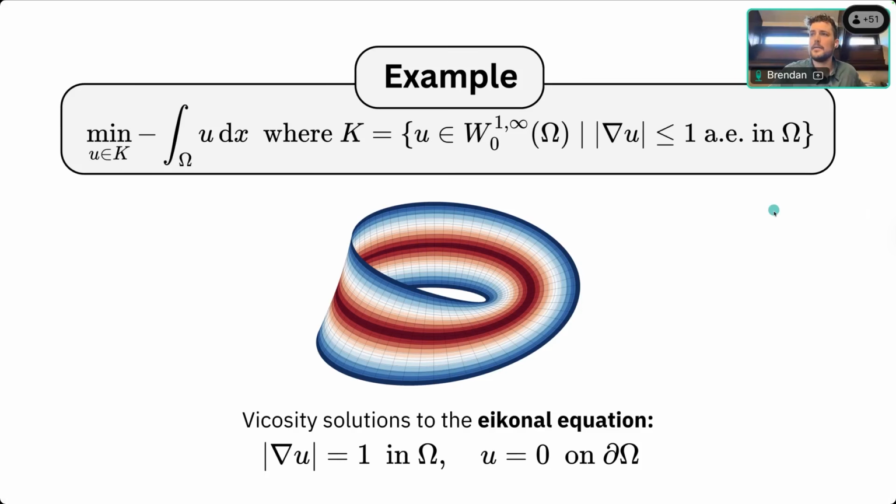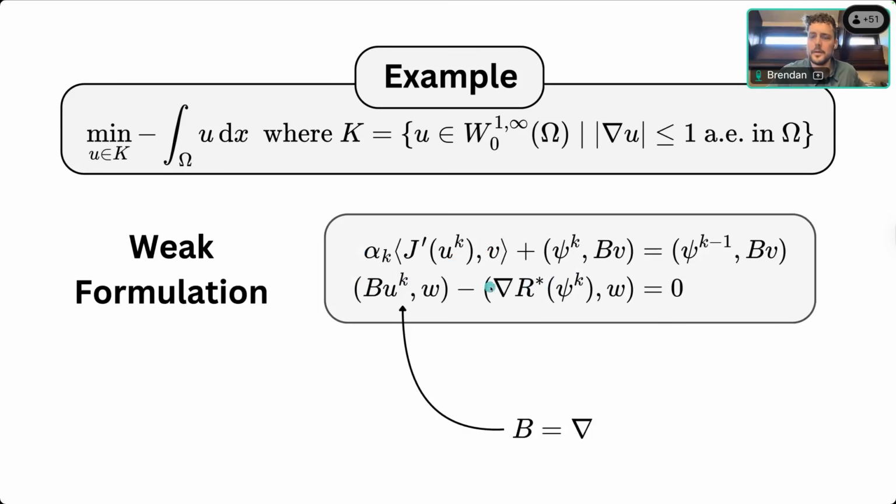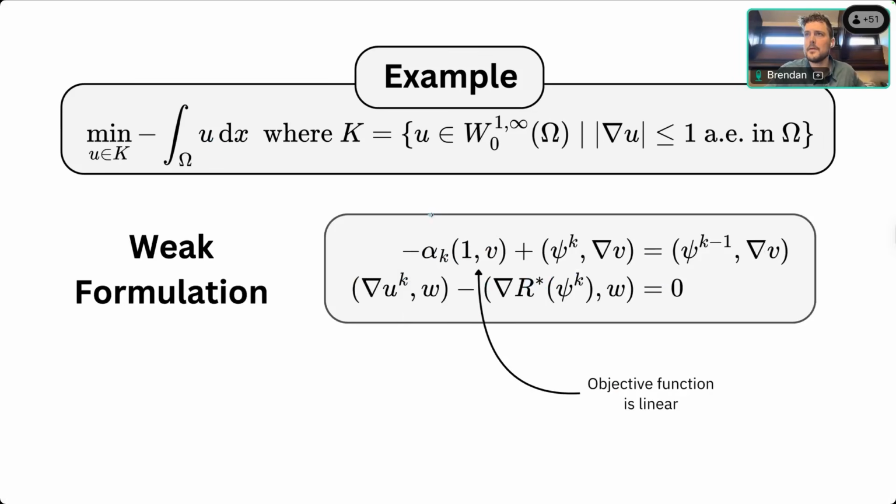And then finally, for the eikonal equation, the system of equations now simplifies setting B equal to the gradient. The objective function is linear, actually, so that we have a very simple looking derivative.